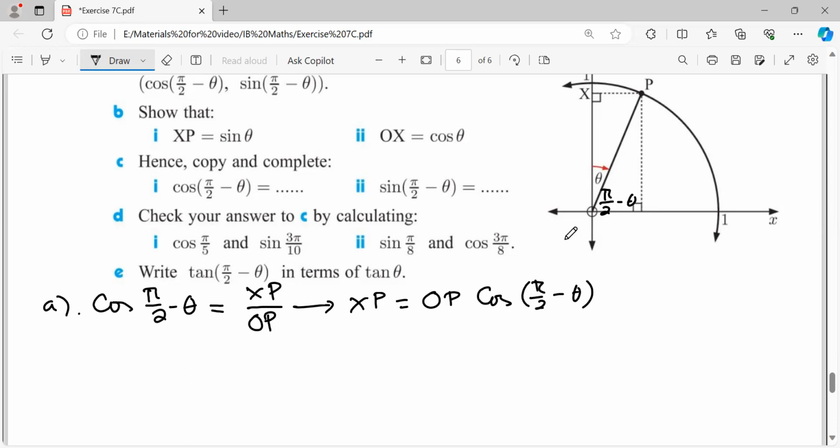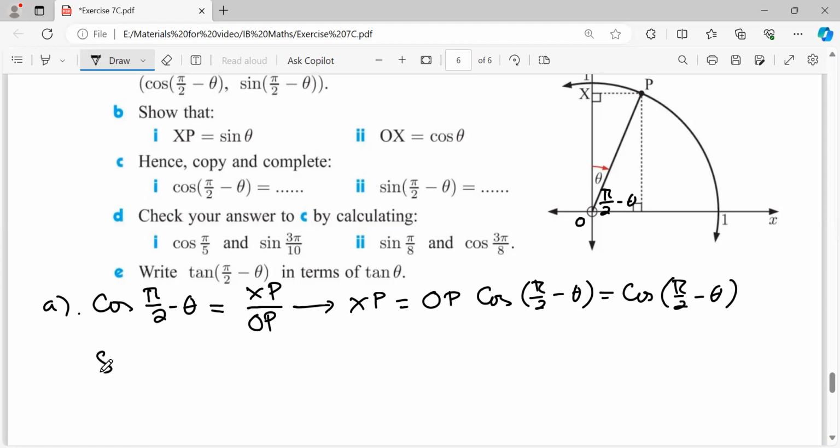Recall that OP equals 1, the same as this 1. So XP equals cos of pi over 2 minus theta.